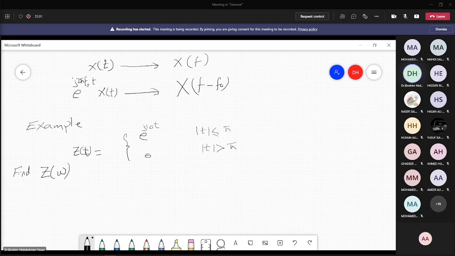How to solve it? Well, this one, I can write it as e to the power of j10t, and I can put 1 here.